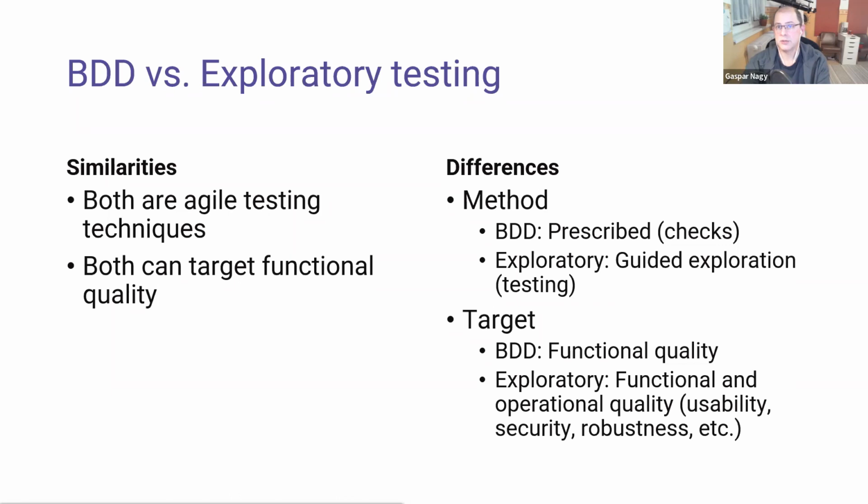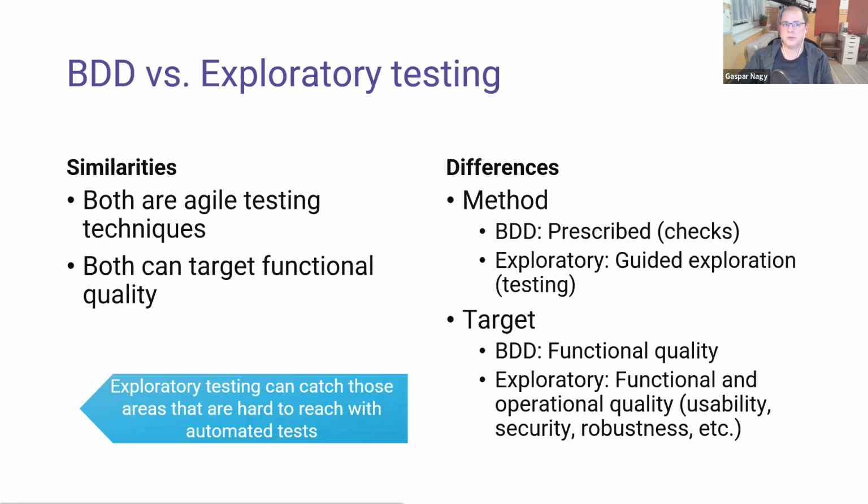For those teams who have built up a very good BDD test suite with good scenarios, they usually find that exploratory testing is a very good extension to the BDD process. Exploratory testing can catch exactly those areas that would be hard to check or reach with automated tests.